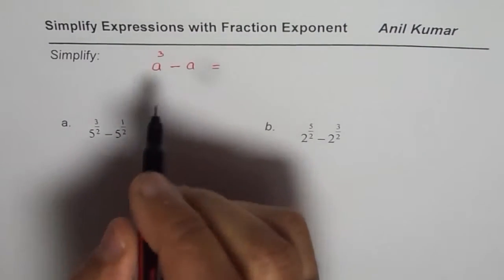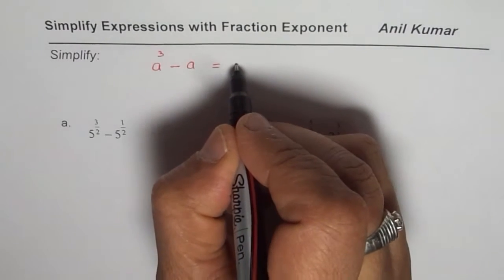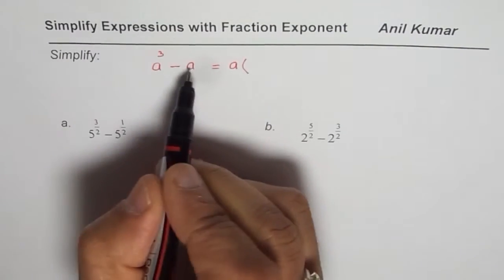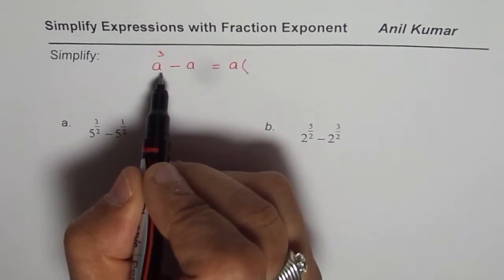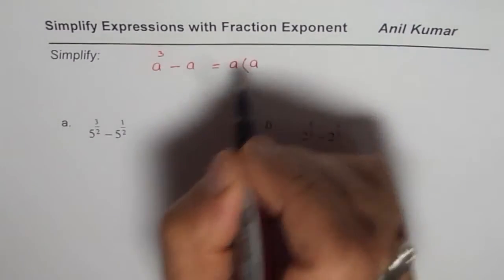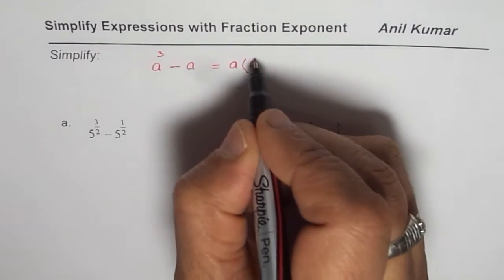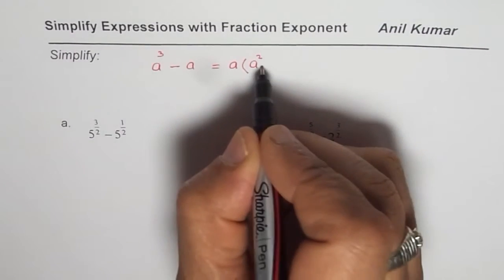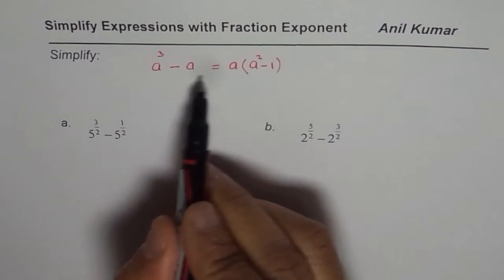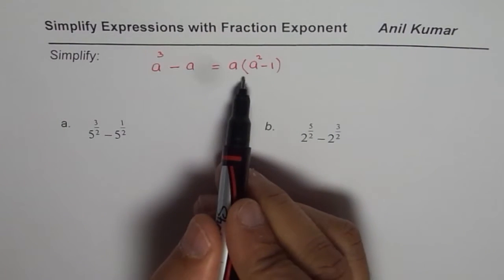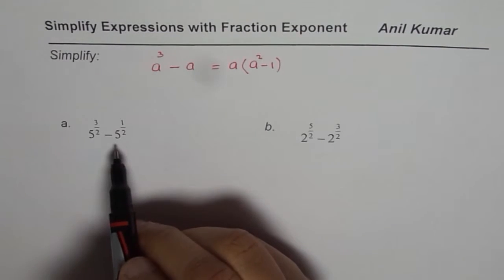We know a to the power of 1 is common, so we could factor a. And if I factor a, the number a cube has to be divided by a, so we get a to the power of 3 minus 1, which is 2. And here we have already factored this number, so we get minus 1. So that is a strategy which we have used for factoring, and we'll adopt the same method here.